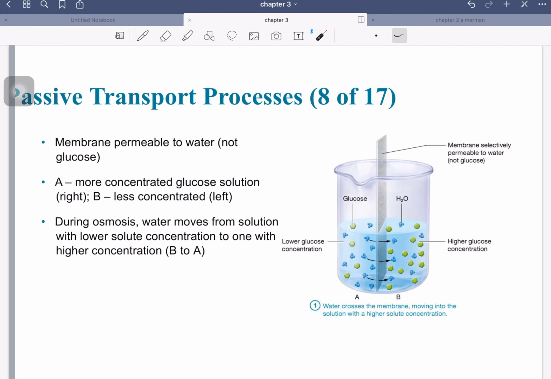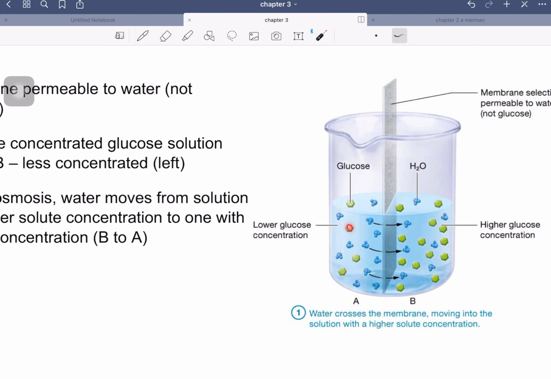All right, so what they're trying to show you here is what we just talked about, that we have a membrane that is not permeable to the glucose. Okay, sorry, there's the glucose. But you can see that very little glucose compared to over here where there's a lot of glucose. So proportionally, there's more water molecules here.